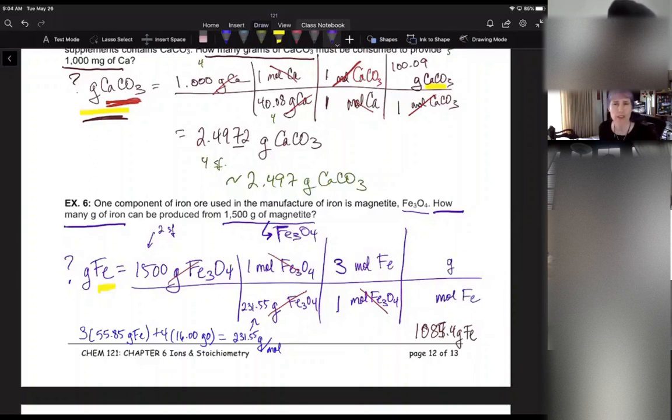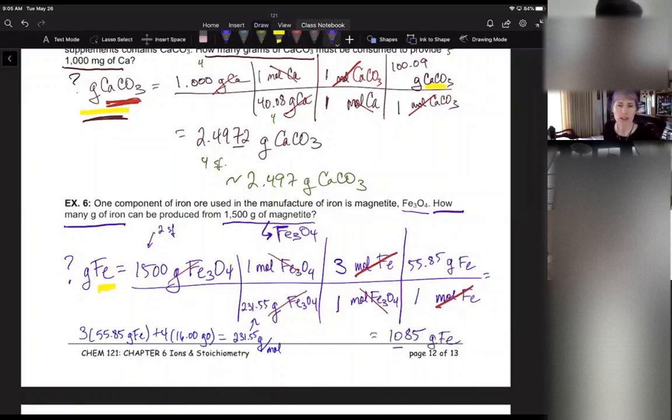And we have to find that on the periodic table. So now we know what to do. Now we're going to multiply everything on the top, divide everything on the bottom. And our initial value, that 1,500 grams, gives us just 2 significant figures.